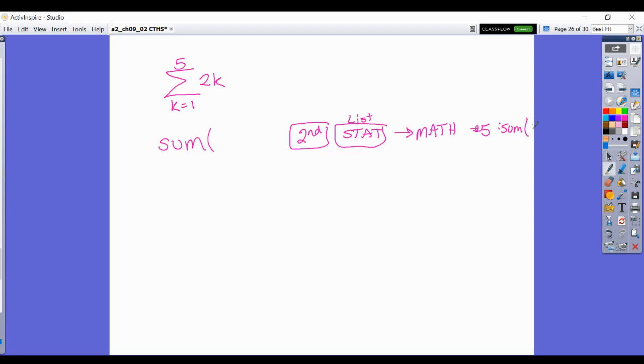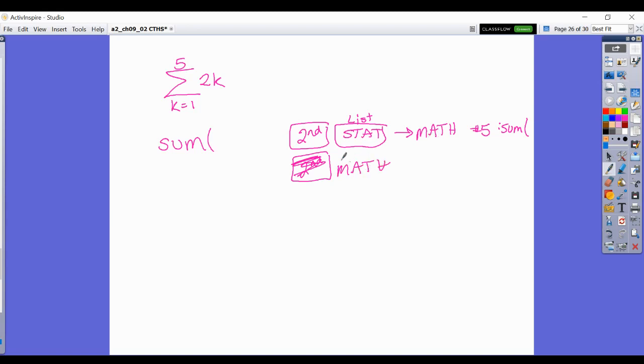If you don't find it there, some of the newer calculators, like the TI-84 Silver and maybe the TI-Nspires, are going to maybe be under stat, or sorry, second. No, actually, you don't hit second at all. Sorry, you just hit the math button, which is different than this math, okay? They're in 2 different spots.